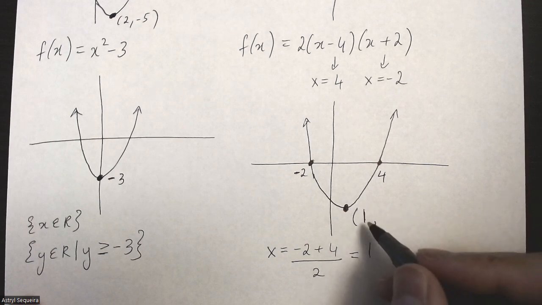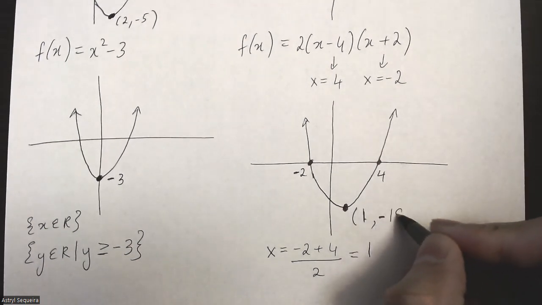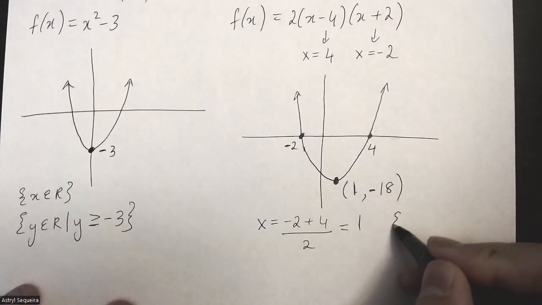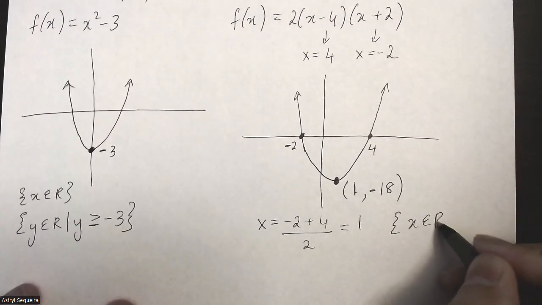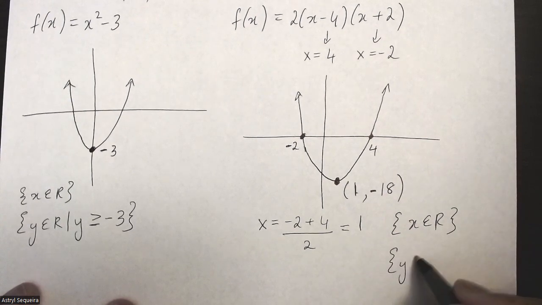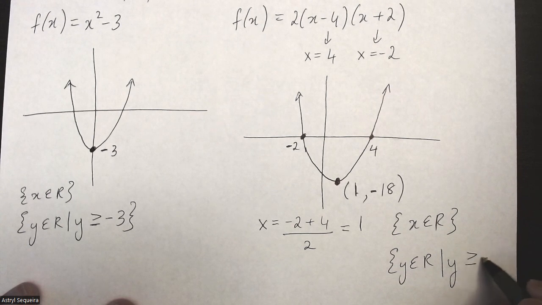To find the y value, I'll sub in 1 into that equation over there, which is just negative 18. And then I can just do the domain and range, which is x is an element of all real numbers and y is an element of all real numbers, such that y is greater than or equal to negative 18.